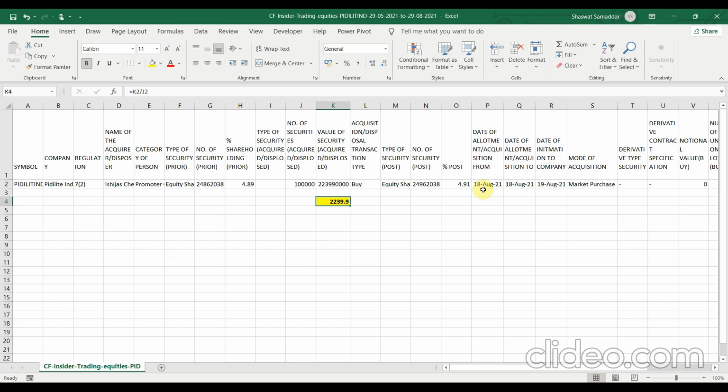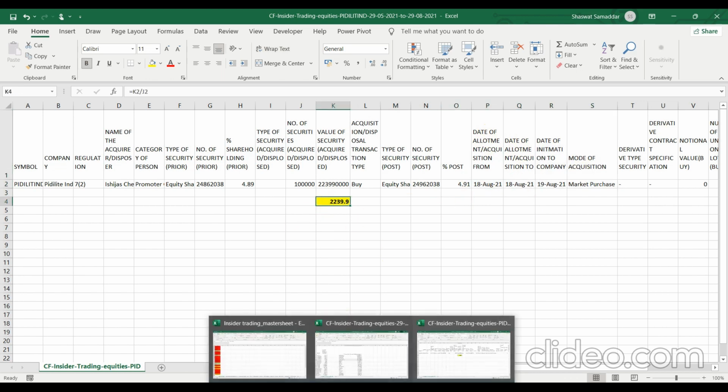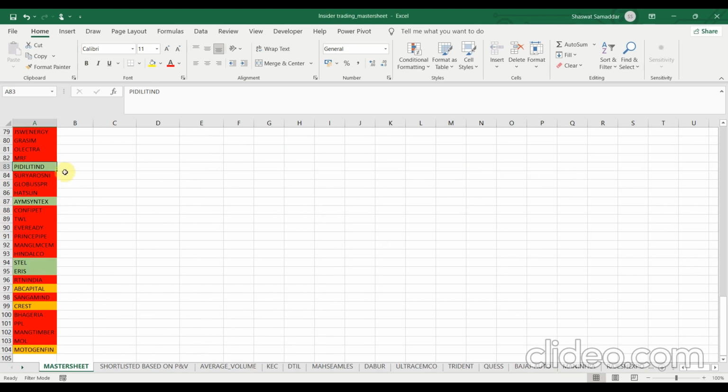Now if you want to know the significance of this date and how to check the volumes, how to check the liquidity, and the significance of those terms in this particular strategy, do consider seeing part 4 of my playlist Trading on Insider Information. I have dedicated that video, part 4, primarily to explaining the significance of this date. So, alright, I'll just write this number 2239.9 for this.